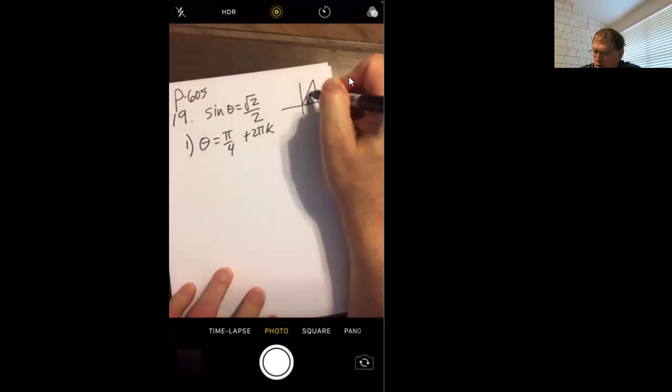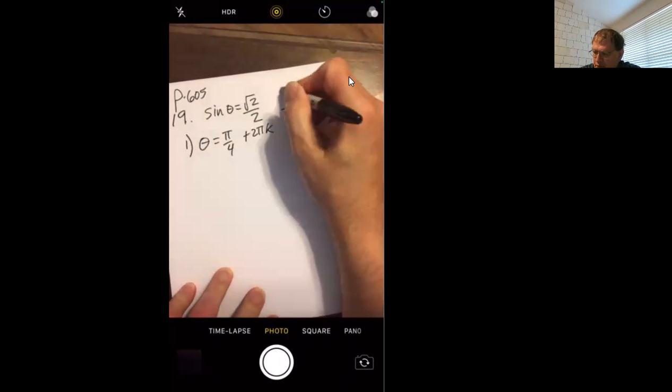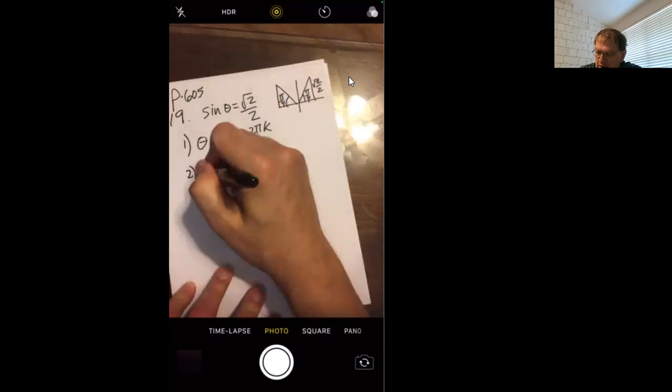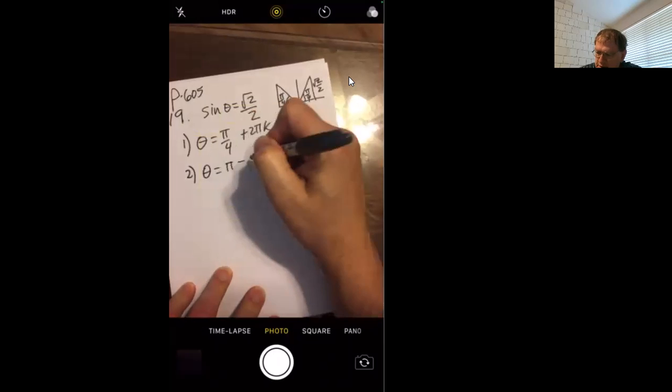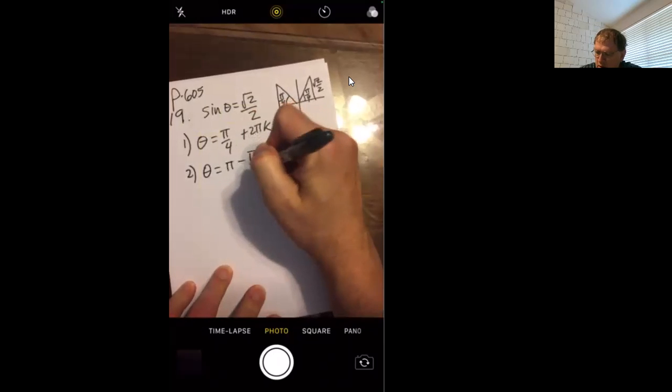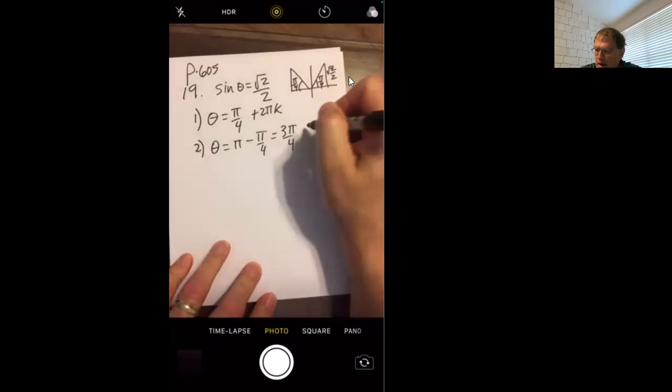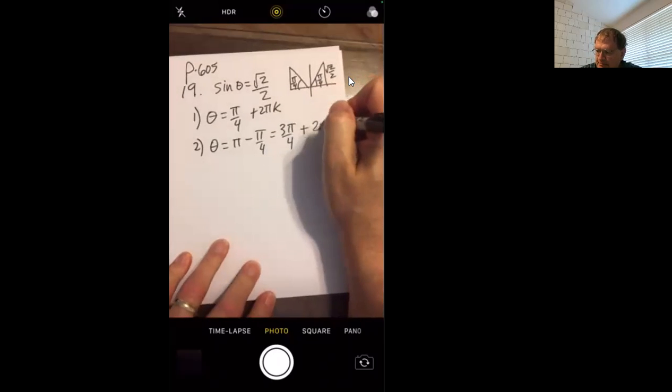That's pi over 4, and your y coordinate is root 2 over 2. And so you'll switch over this way, where this is pi over 4. And so you'll be at second cut, pi minus pi over 4, 3 pi over 4, and you'll add 2 pi k.